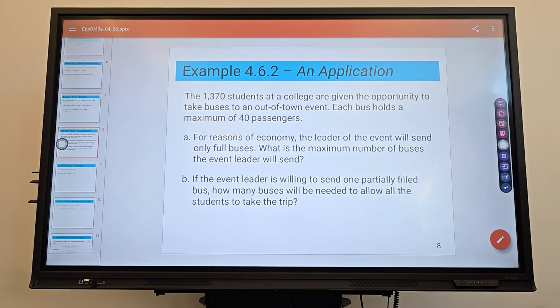So, an application. The 1,370 students at a college are given an opportunity to take buses to an out-of-town event. Each bus holds a maximum of 40 passengers. For reasons of economy, the leader of the event will send only full buses. What's the maximum number of buses the event leader will send? The floor or the ceiling of that?